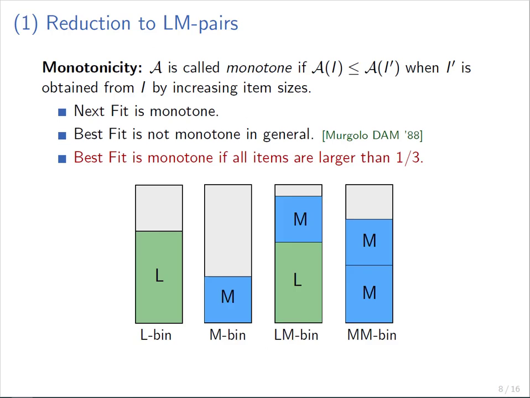So still we want to reduce the number of configurations in an optimal packing in a way that we make the problem only harder for best fit. And we can use monotonicity here as follows. So starting from these 4 different configurations which might occur in the packing, we use the monotonicity property to increase the sizes of the items.